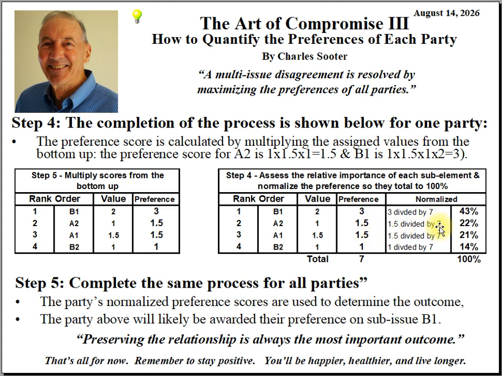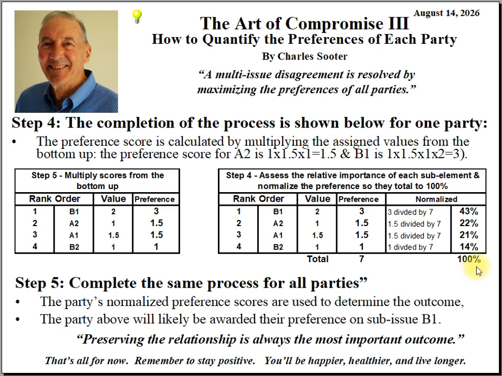1.5 divided by 7 is roughly 21.5%. Same thing for the one below it, A1. Notice that I've given A2 a slightly higher score simply because it's rated higher, even though they're both judged to be relatively equal. And lastly, the least important, 1 divided by 7 is 14%. The total is 100%.